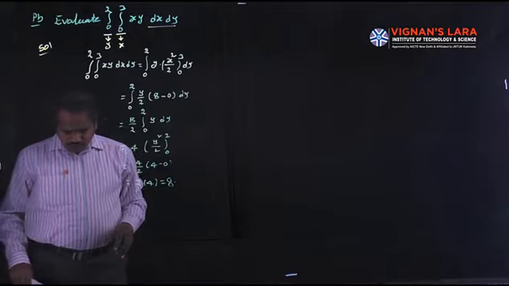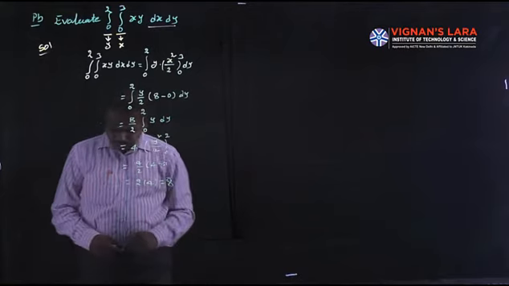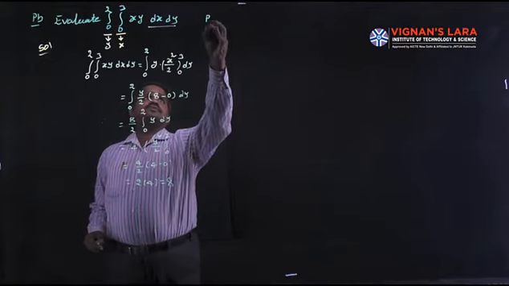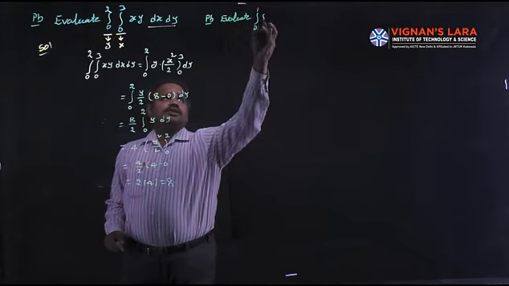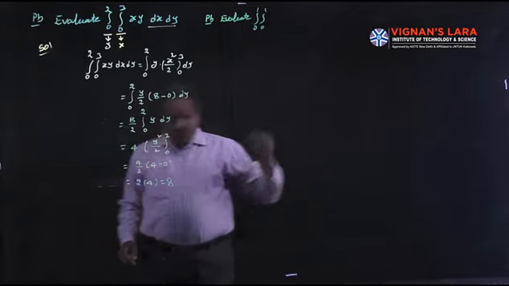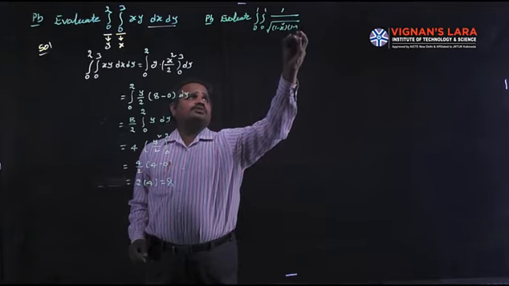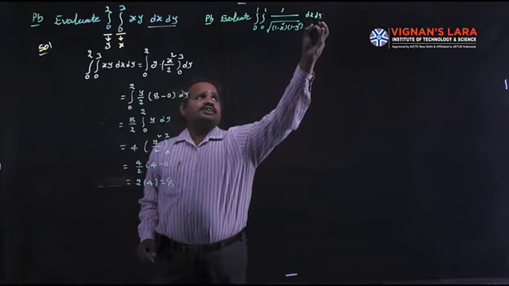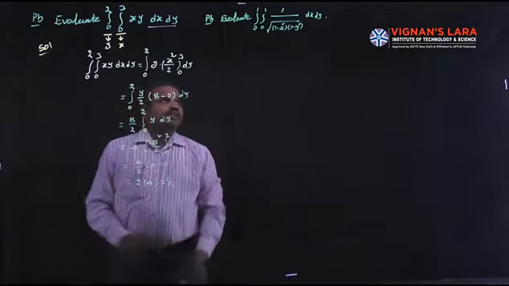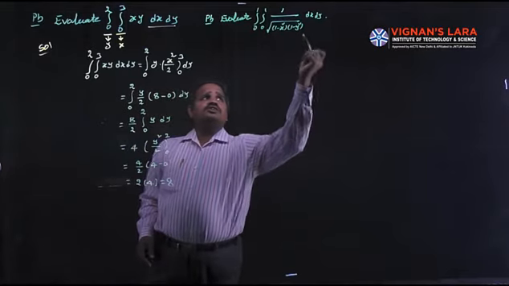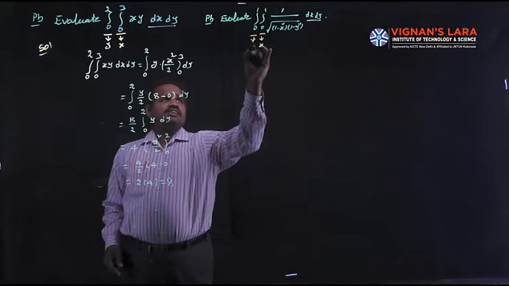Similarly, we go through one more problem. Evaluate the integral 0 to 1, integral 0 to 1 of 1 by the square root of 1 minus x square into 1 minus y square, dx dy. Here also he does not mention which are the limits of x and which are the limits of y, so we follow the given order. The first is x, so these are the x limits and these are the y limits.